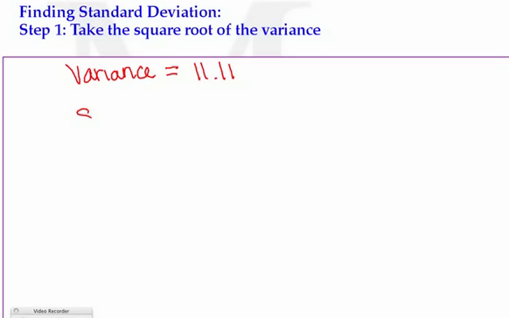is 3.3 repeating. And really, more often than not, they tell you just to round to the 10th.